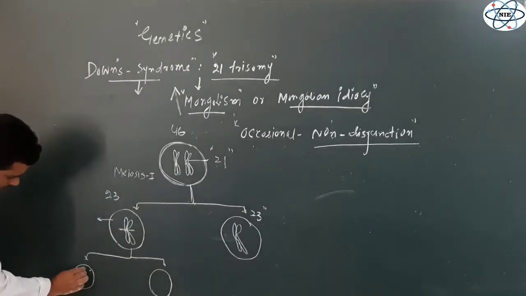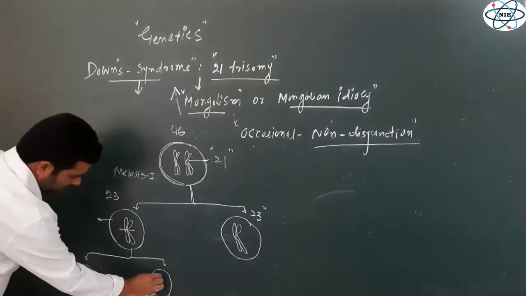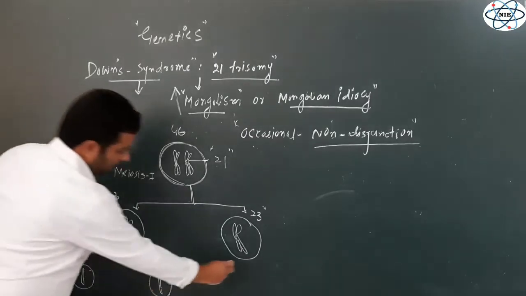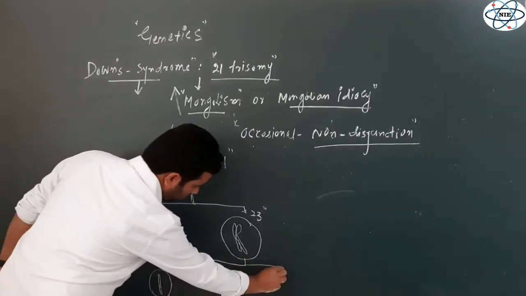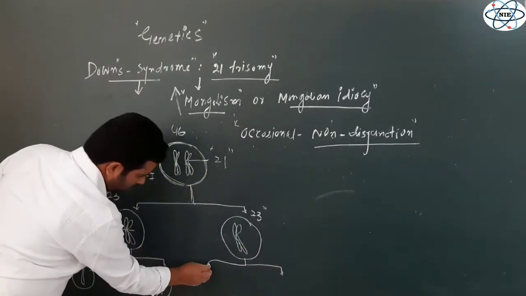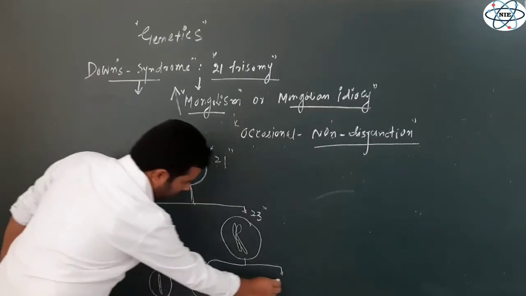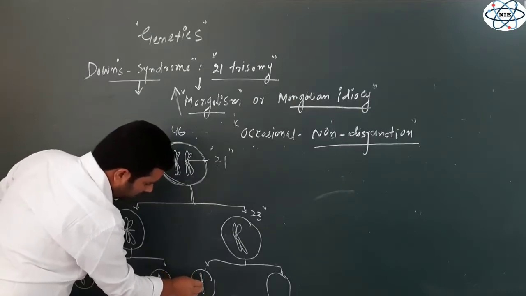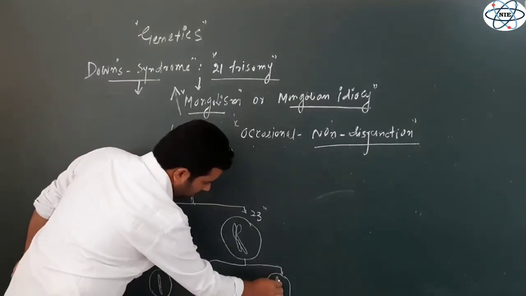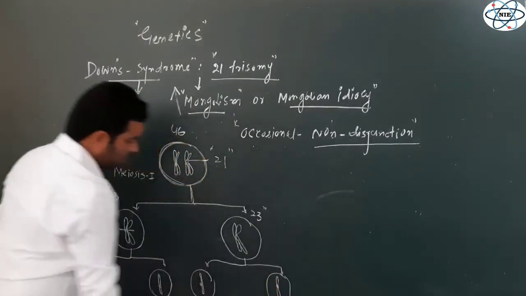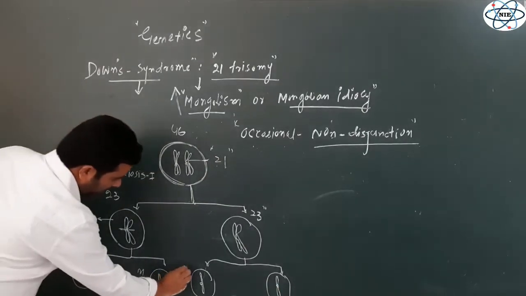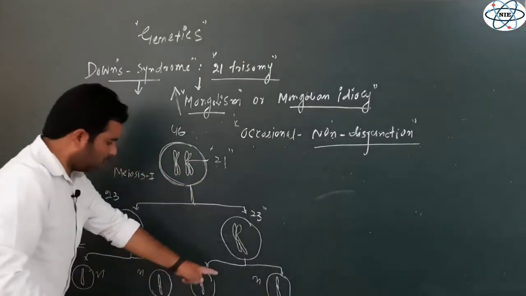Each cell receives one chromatid, so there is no change in the chromosome number. These are the four haploid cells, N, N, N and N.